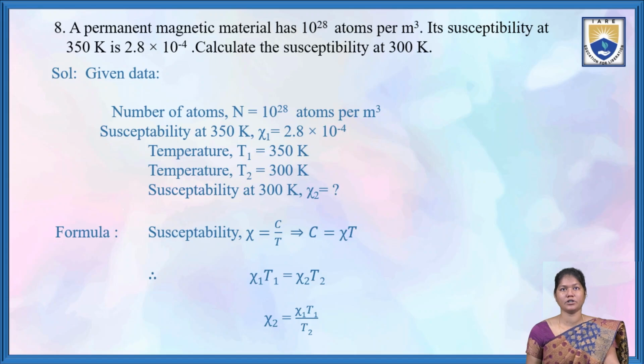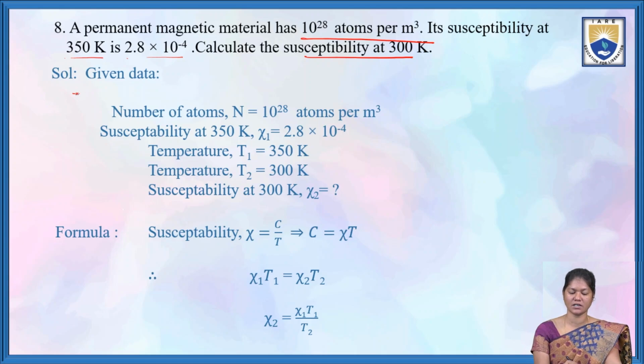Next one, a permanent magnetic material has 10 power 28 atoms per meter cube. Its susceptibility at the temperature 350 degree Kelvin is 2.8 into 10 power minus 4. Then calculate the susceptibility at the temperature 300 degree Kelvin. So let's write the given data. Number of atoms in the magnetic material, capital M, is equal to 10 power 28 atoms per meter cube.